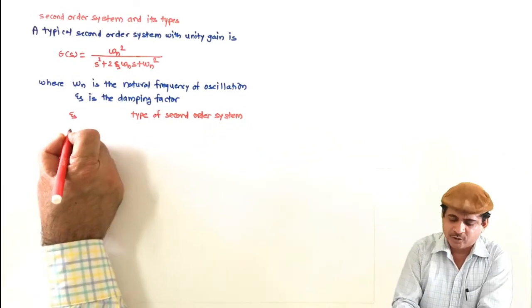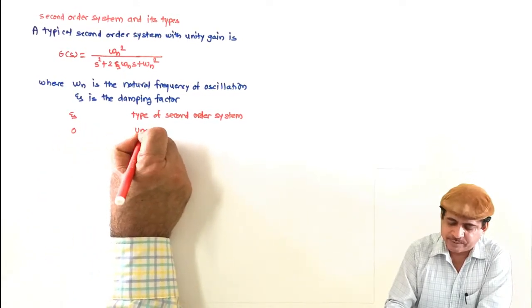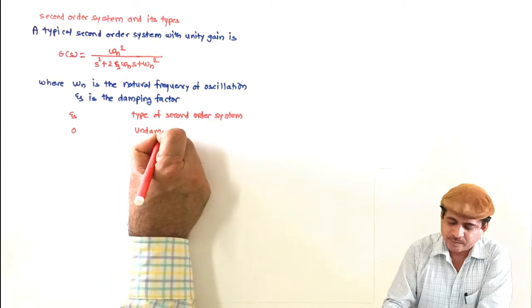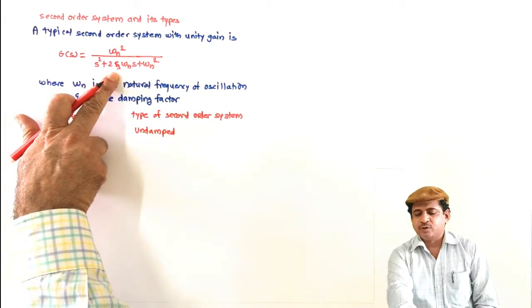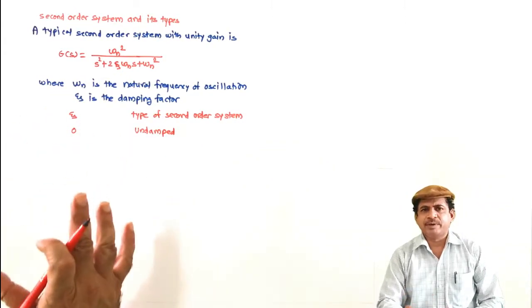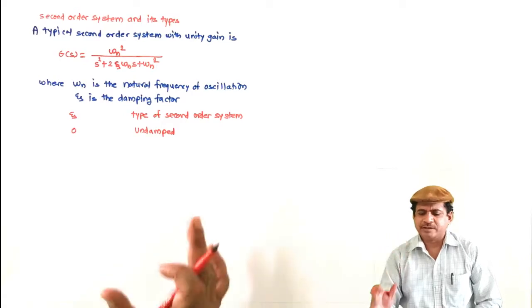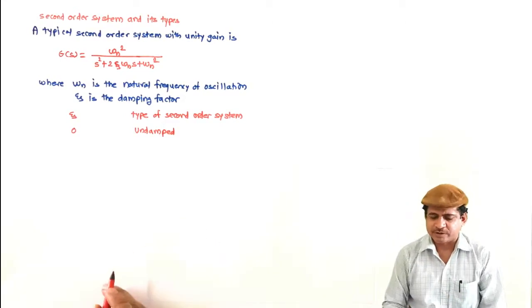This is the classification of second order systems. If zeta is 0, then the system is called undamped. That means no damping is provided. Why it is called damping, we will discuss when we see the impulse and step response of the second order system.